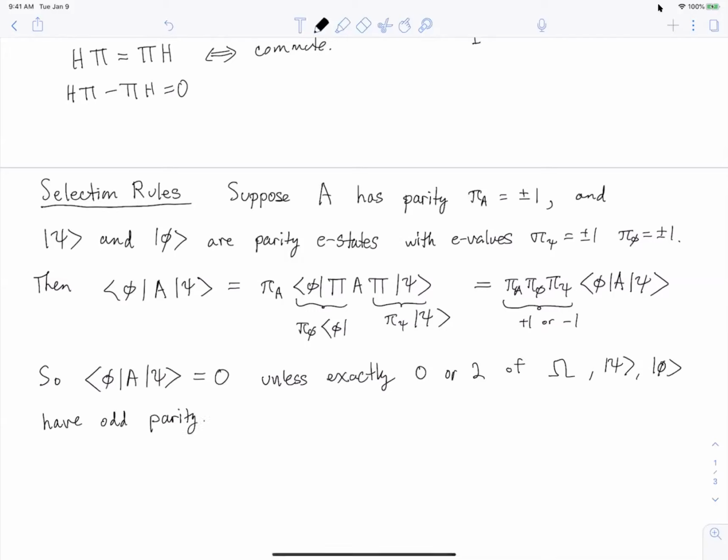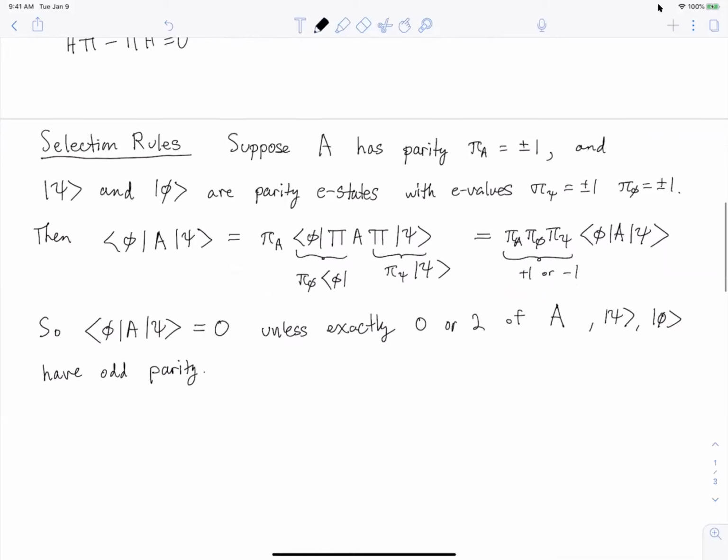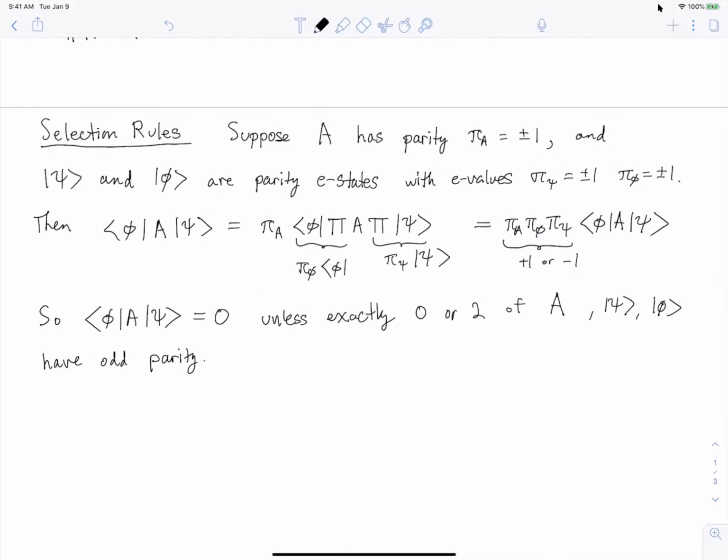Okay, so again, we can talk about both operator, I didn't mean omega, I'm switching notation here. I meant A. So you can talk about both operators and states as having even or odd parity, and if they do all have well-defined parity, then the matrix element vanishes unless the total parity, what you get by multiplying them all together, is even.